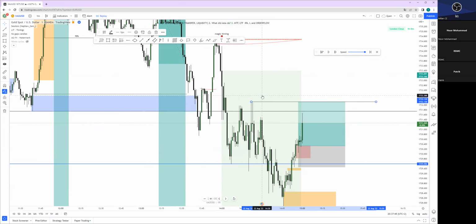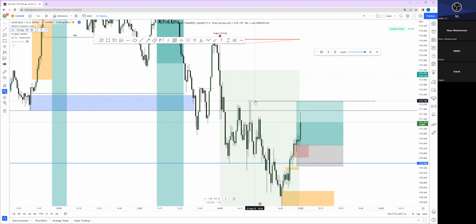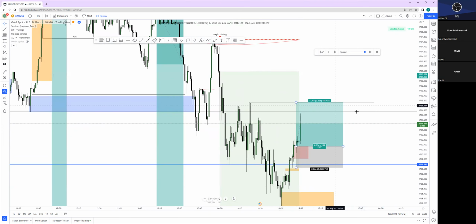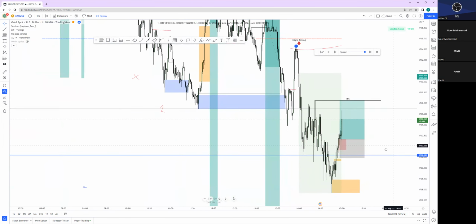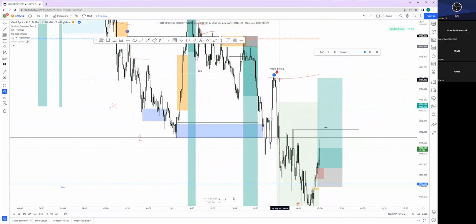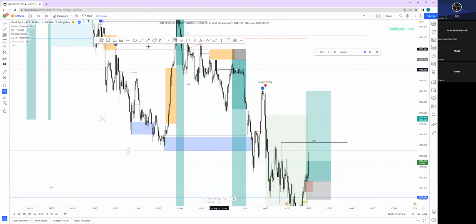Because sometimes it serves perfectly as a POI, but sometimes it's just an inducement high that serves as liquidity. And that happens more often if you're asking me. So this could be your first partial at 2R. This could be your second partial. As you know, this lowest liquidity, you have this huge imbalance above.